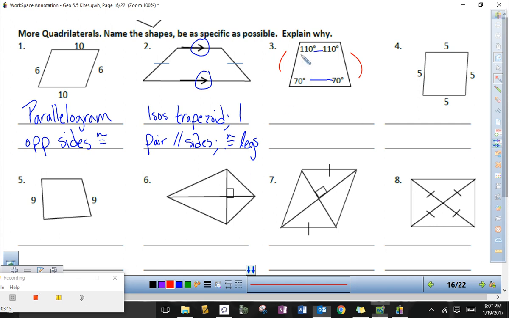The two side angles that are supplementary make it a trapezoid. And the fact that the bottom and the top, if you remember, our base angles are congruent, that makes it isosceles. So this is an isosceles trapezoid.